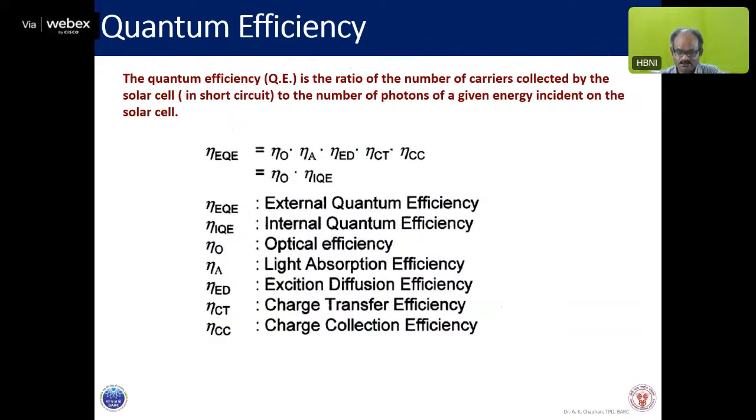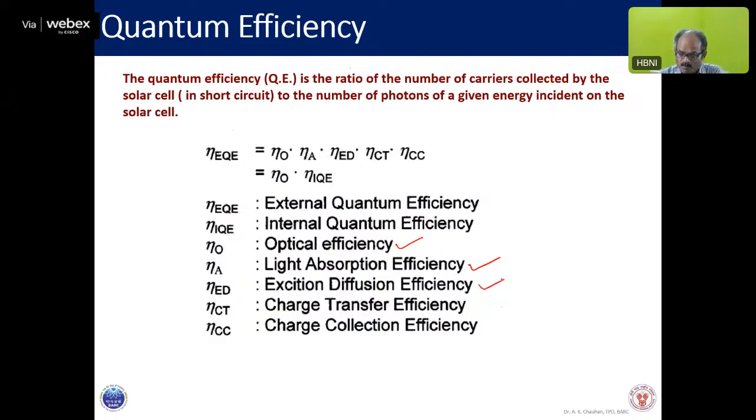So if we see the total efficiency, all these processes which we just saw can be combined together. One is the light absorption efficiency: how much light has been absorbed? First is the optical efficiency: how much light has entered this material. Then how much of that entered light has been absorbed gives the light absorption efficiency.